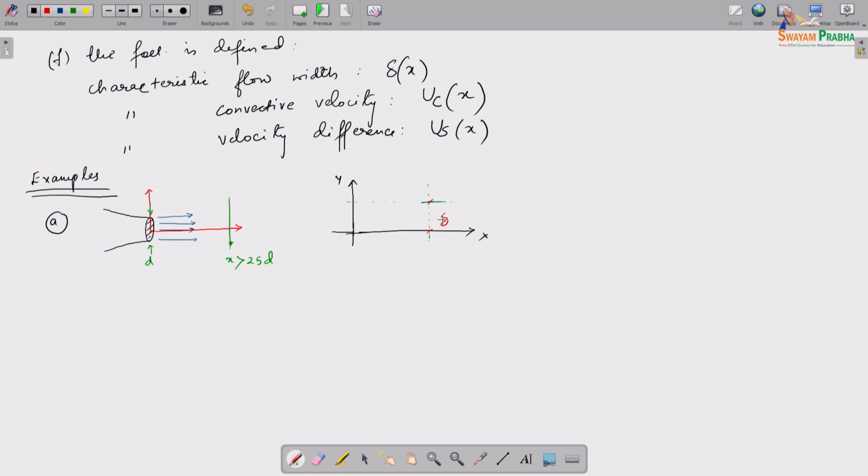So if I were to write this, the convective velocity is equal to the difference in velocity. Would that make sense? What is the difference in velocity here? I have a certain velocity, and why am I saying the convective velocity is equal to velocity difference?